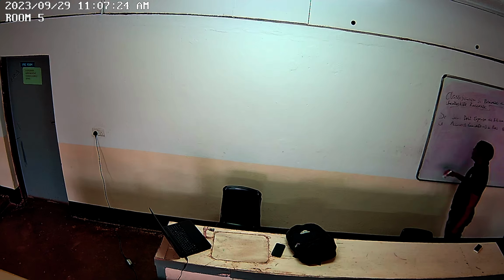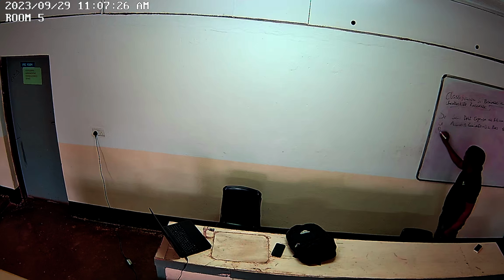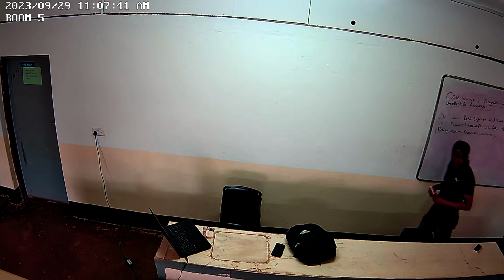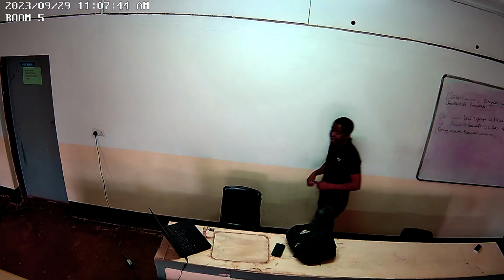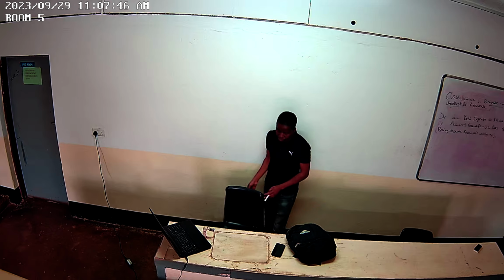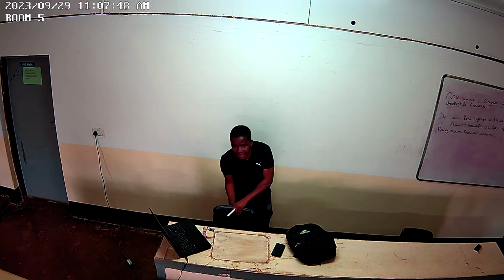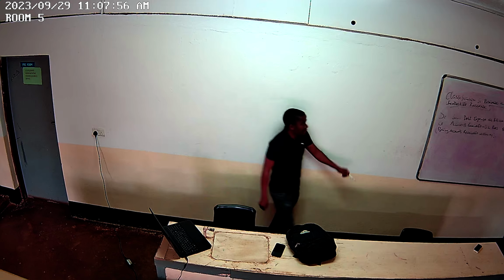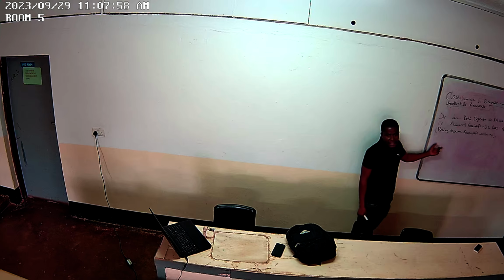$4,200. So you write: account receivable written off. That means we have taken it off our accounts. We know that the customer will not be able to pay us back, so this one is our bad debt.